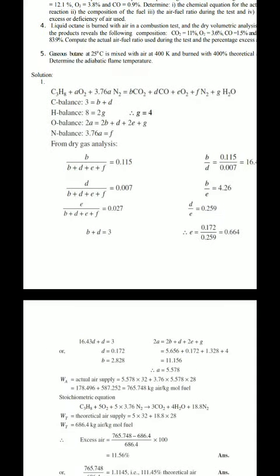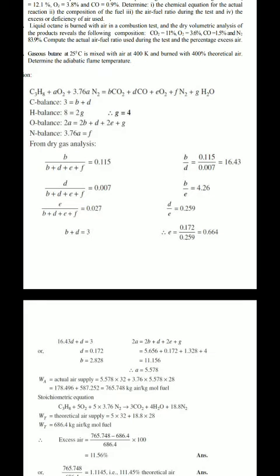So the corresponding stoichiometric equation is C3H8, which describes the balance in mass in proper form. That's why here we got A equal to 5.578. Rather, in the stoichiometric equation we use 5, so that we can make a proper balance. So C3H8 plus 5 O2 plus 5 into 3.76 N2 equals 3 CO2 plus 4 H2O.